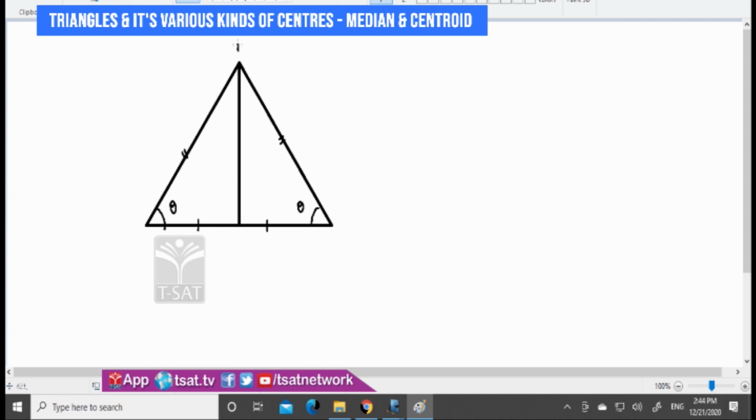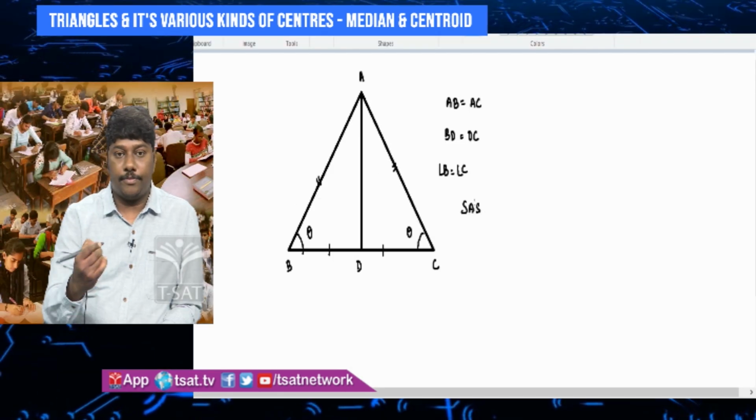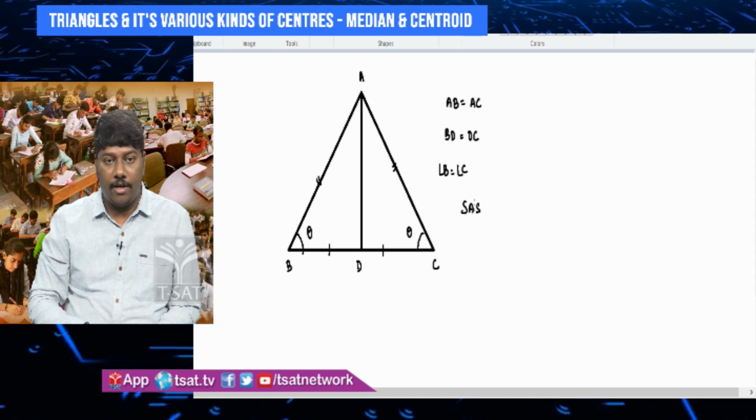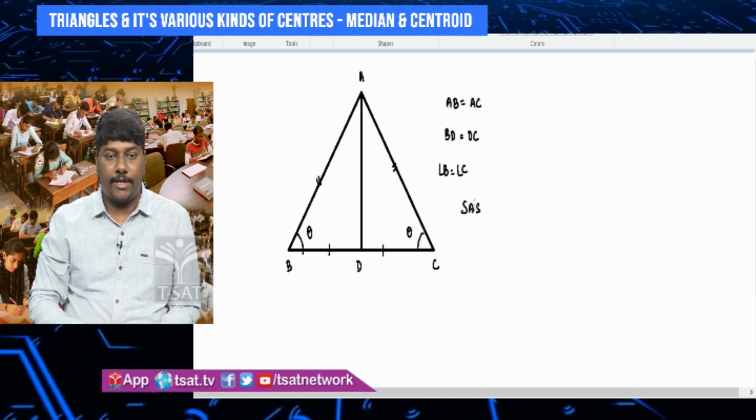If you look at triangles ABD and ADC, two sides are equal, that is AB is equal to AC, BD is equal to DC, and the corresponding angle B is equal to angle C. According to the property SAS, we can say these two triangles are not only similar, they are actually congruent triangles.